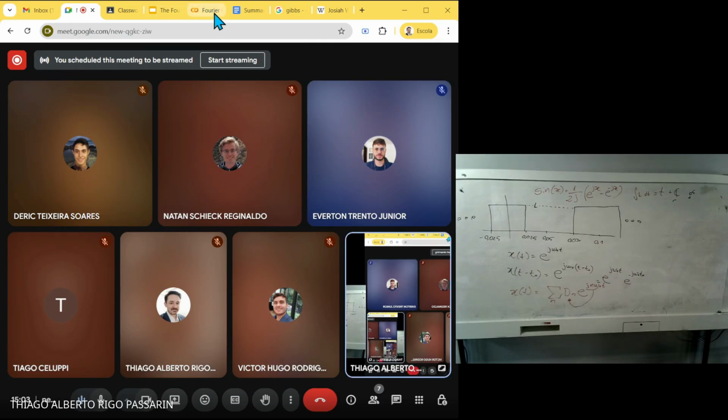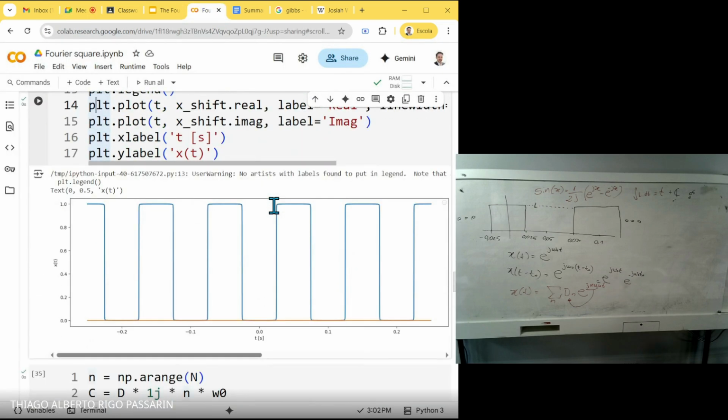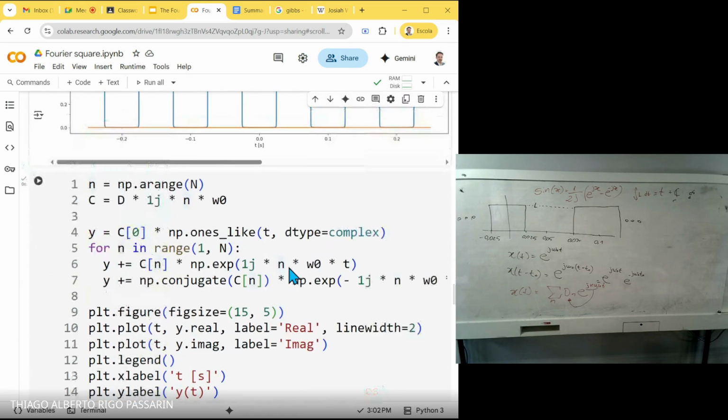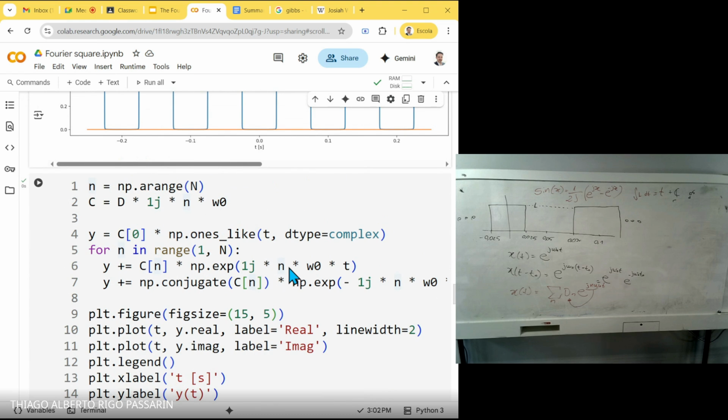Yes. So the shifted signal here, centered at 0.5. It's as simple as that. And derivative property, time shift property.